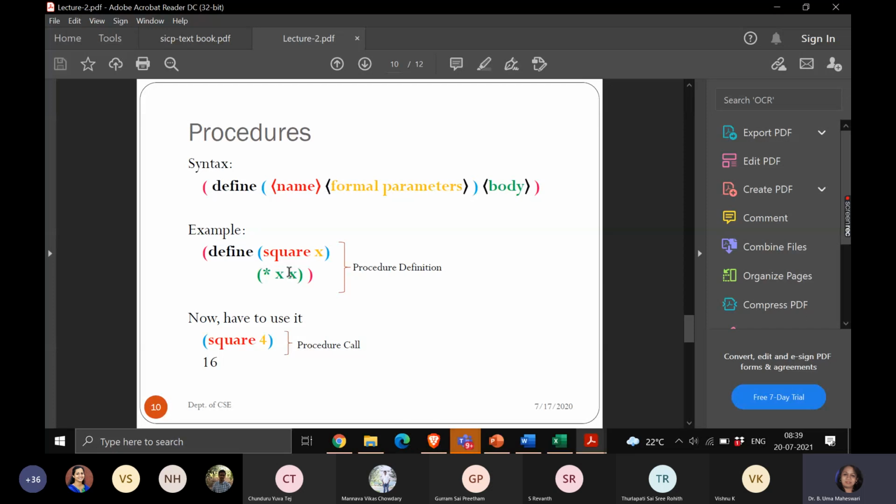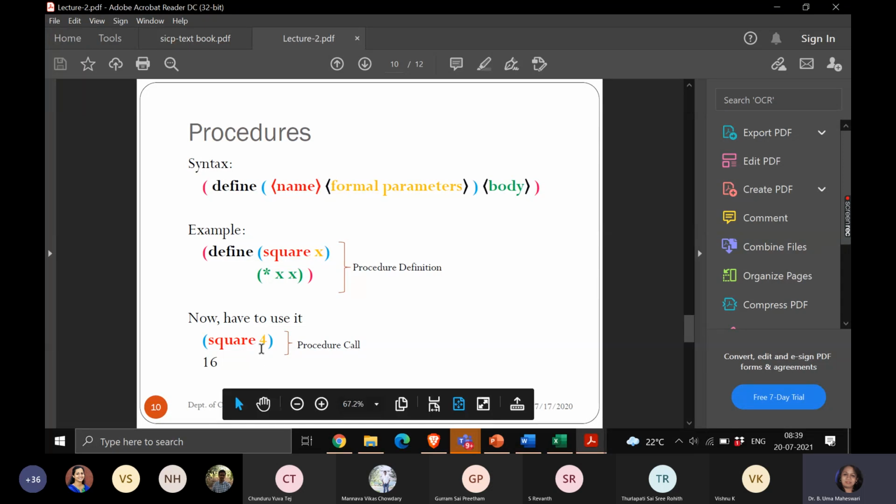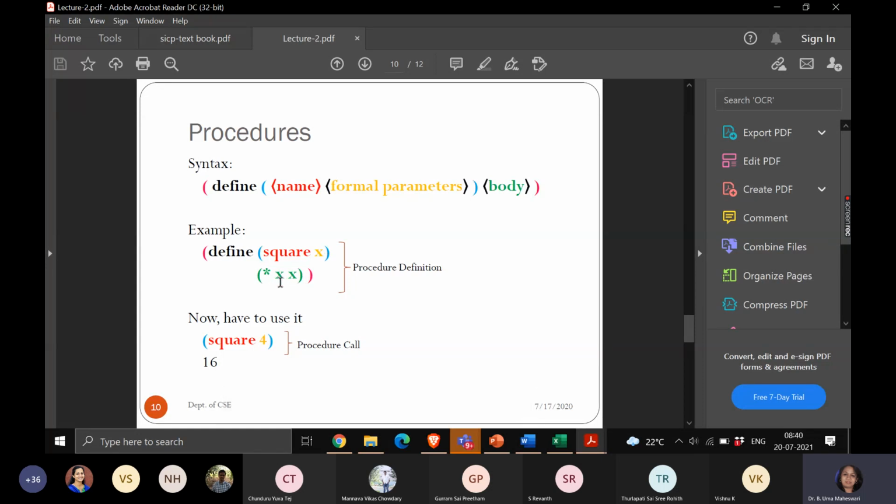After defining it, to call it, you give the procedure name and then pass the actual parameter. So the 4 will be substituted for the formal parameter x, and wherever x is available in the body of the procedure, it will be substituted, and it is going to return a value. Now look at the syntax: you have to start with a bracket, then define, then open another bracket and give the name.